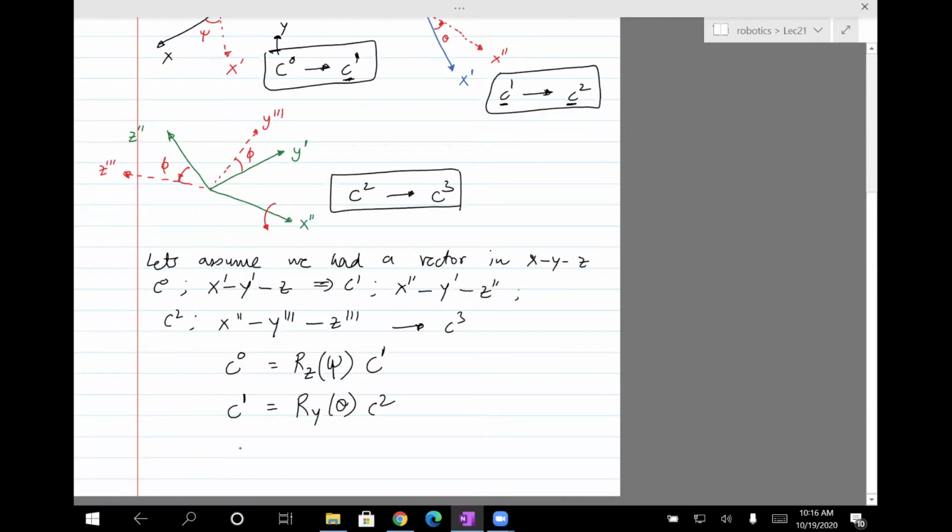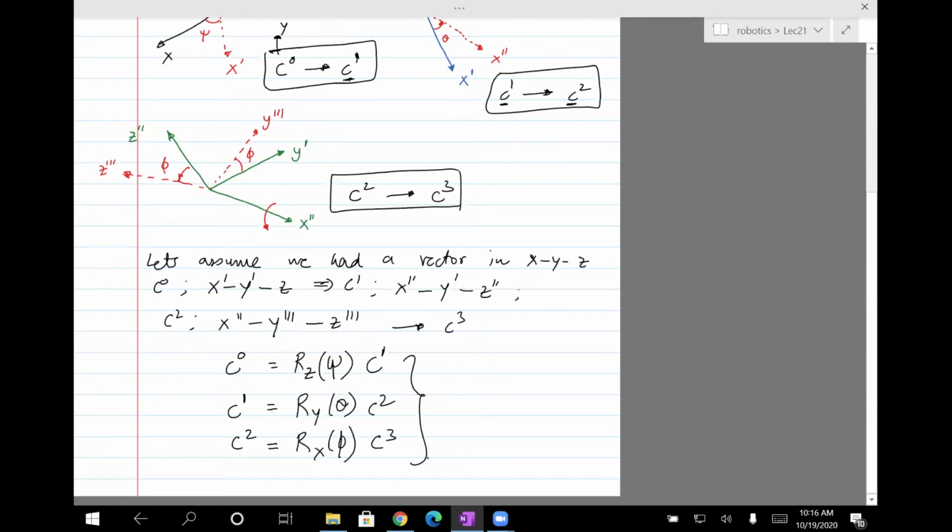And then finally C2 equals a rotation matrix about X, where the rotation angle is phi, so Rx phi times C3.